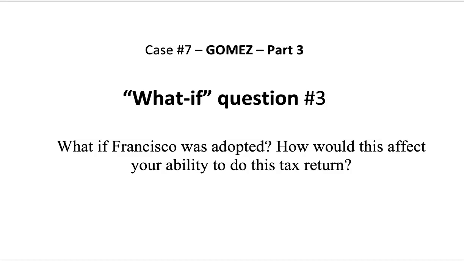We could do the tax return if we wanted to ignore those, but those can be rather significant. So the basic answer is that we almost certainly should not do the return. We should send the taxpayer to somebody who can take advantage of the credit and the adoption expenses adjustment.